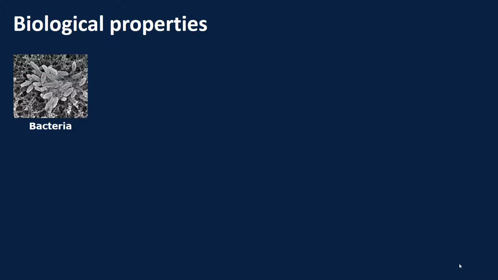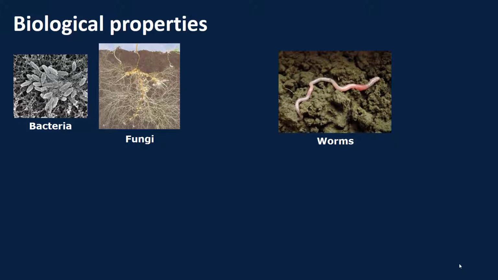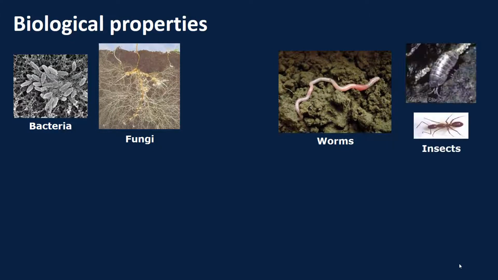First, biological properties. When we think of biological properties, these are the living properties of soil. Soil itself is not living, but there are living organisms inside of that soil. So when we talk about biological properties of soil, we're talking about the living things inside of soil. First of all, there are things like bacteria, fungi, worms, and insects.